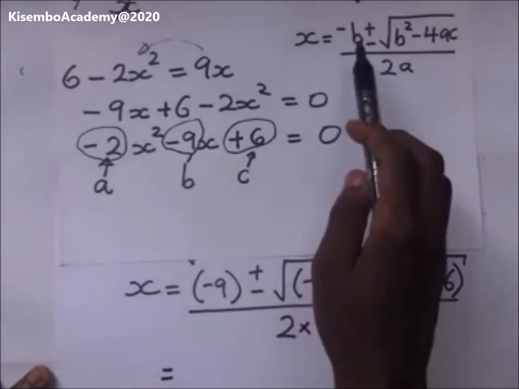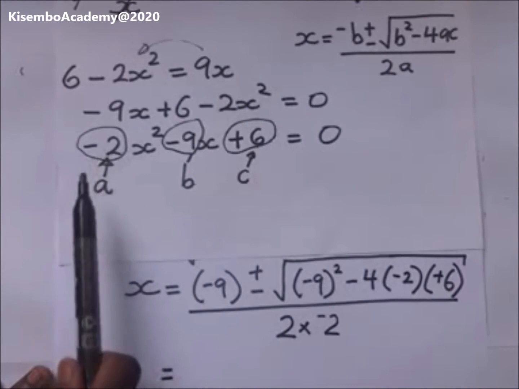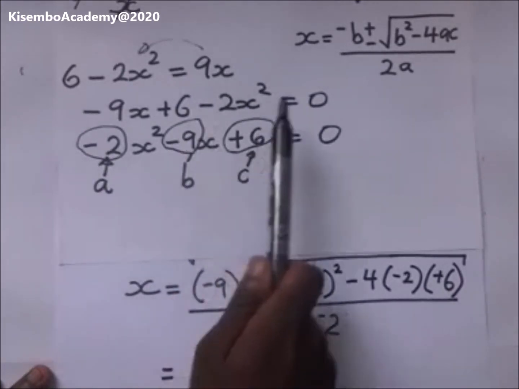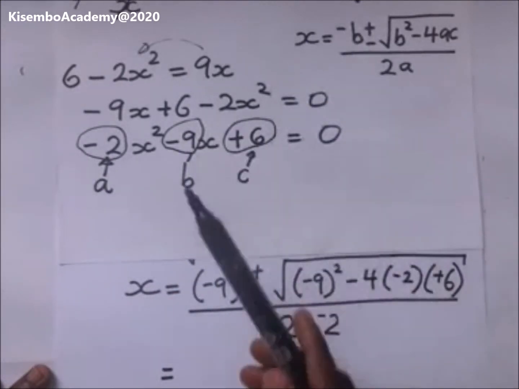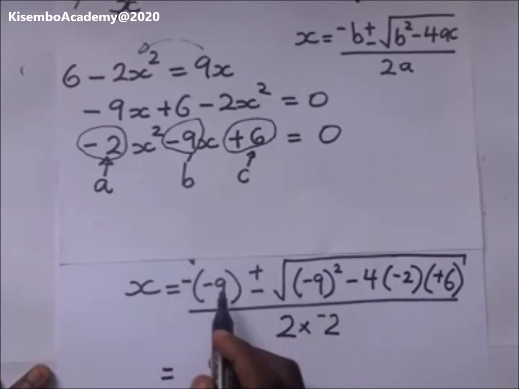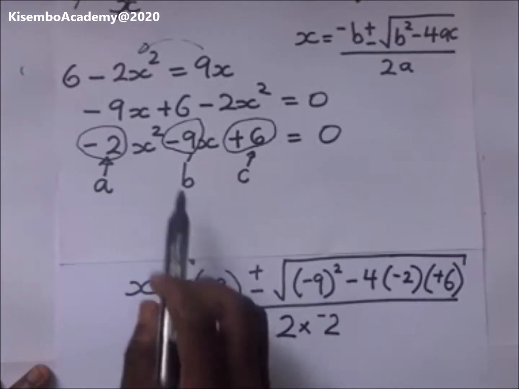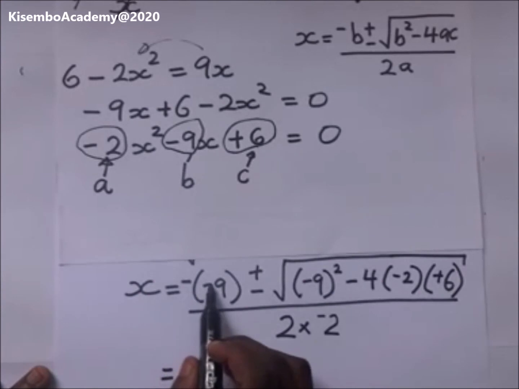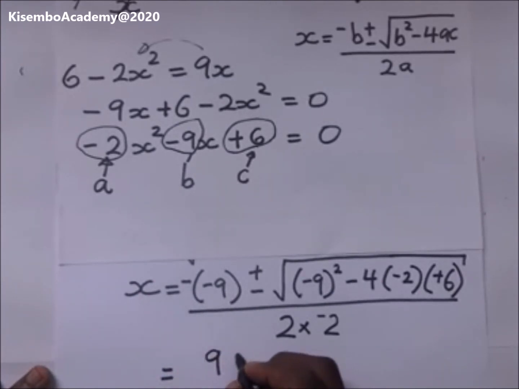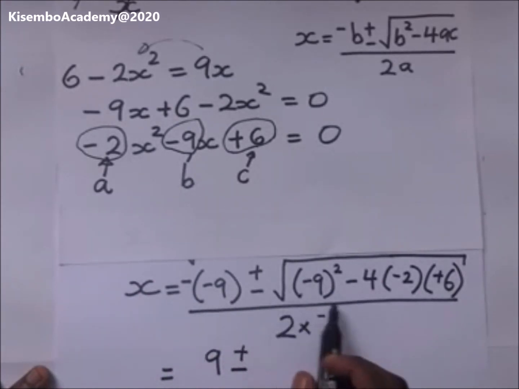So our value of b is negative 9, so this is supposed to be negative b, which is negative 9. So definitely negative times negative is positive. That's going to become 9 plus or minus everything that is inside there.